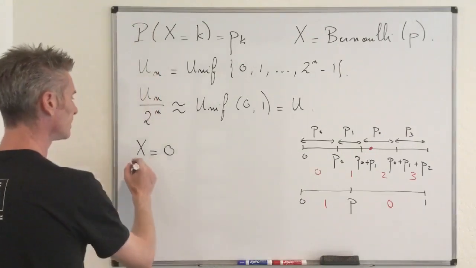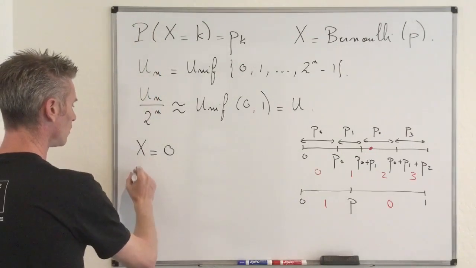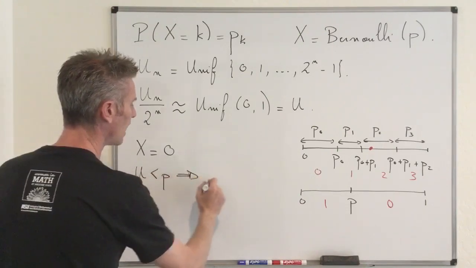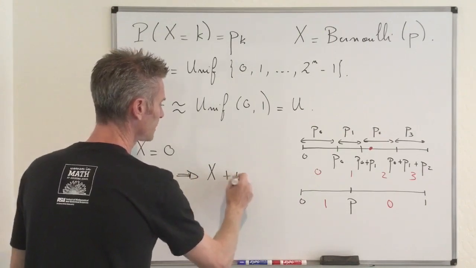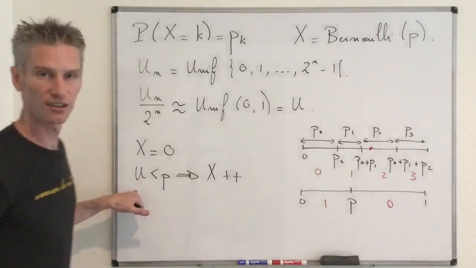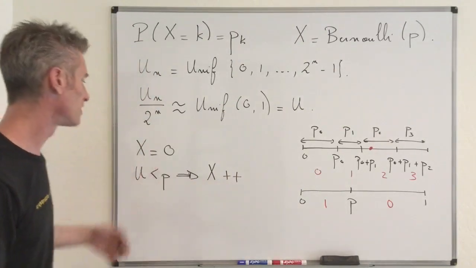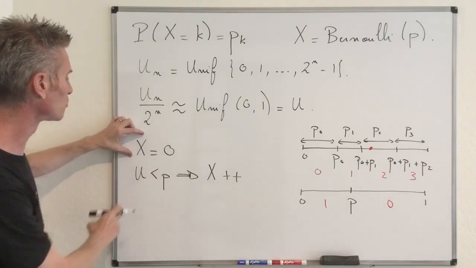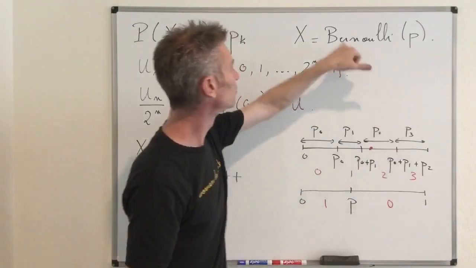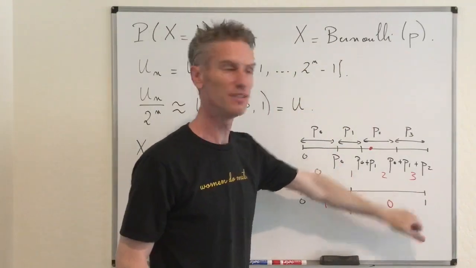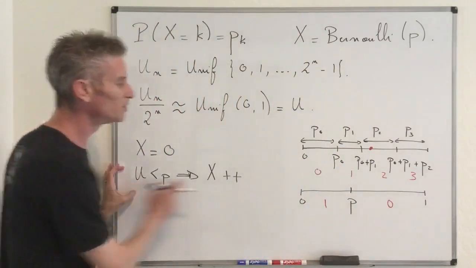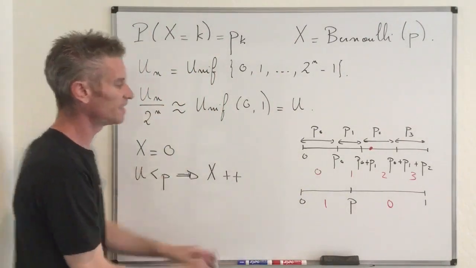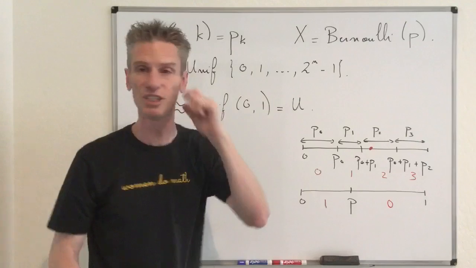And so if we have the condition that u is less than p, then you are going to add 1 to x. If this condition is not true, then we do nothing. And so indeed, x is equal to 0 if this is not true, which means that your uniform random variable is in this interval. But if u is less than p, which occurs with probability p, then in this case, indeed, x is going to be equal to 1.